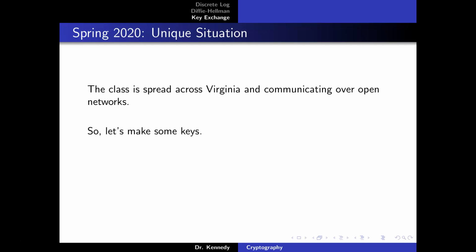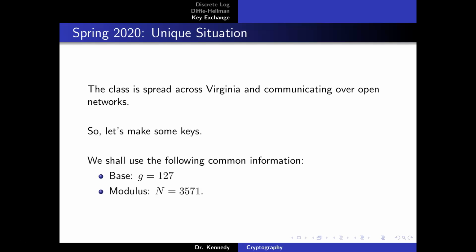So if we want to communicate securely, we need secret keys, and we cannot get together. We can't meet in my office and come up with a number. We just can't. So we're going to do this.